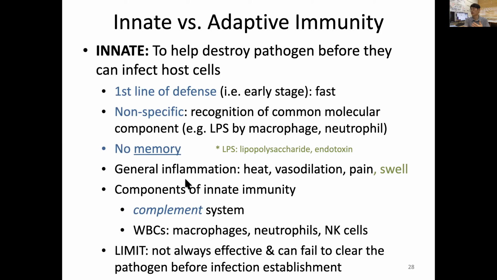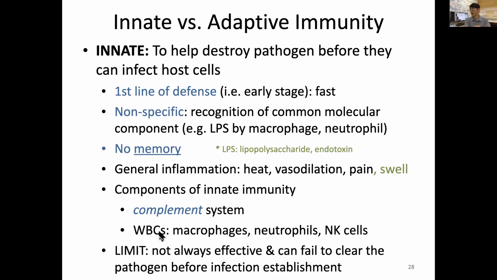The components of innate immunity: I already discussed the complement system, which runs from C1 to C9. Whenever there's an external invader inside the blood plasma, the complement sees these foreign cells, goes in and makes a pore so that it actually lyses those bacteria.